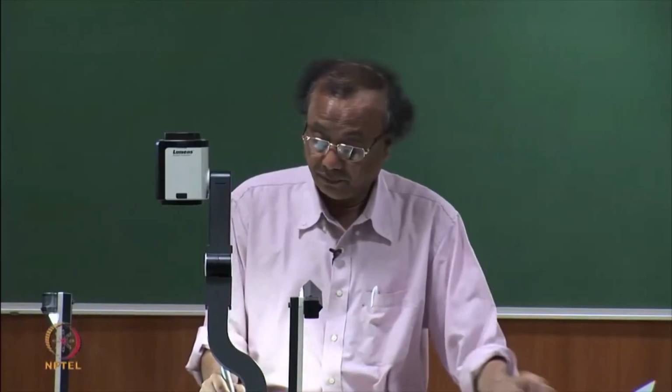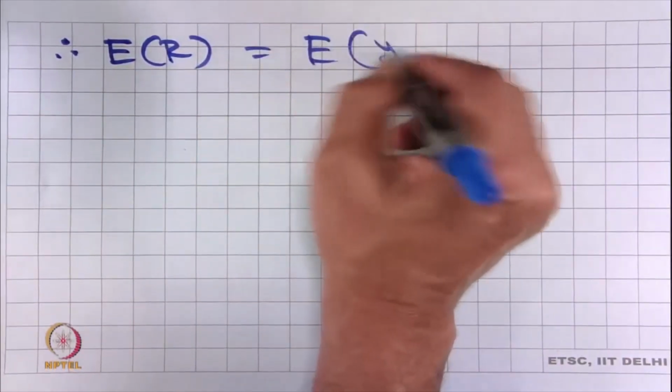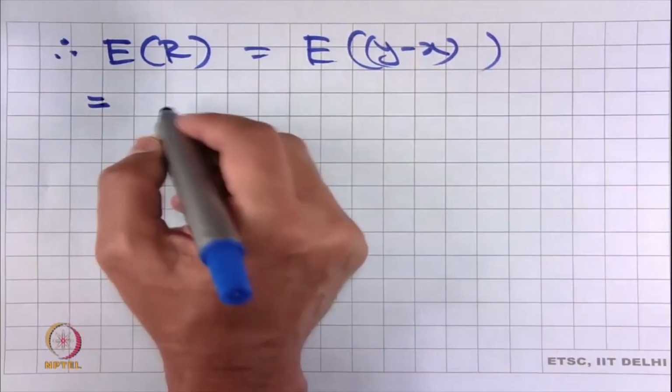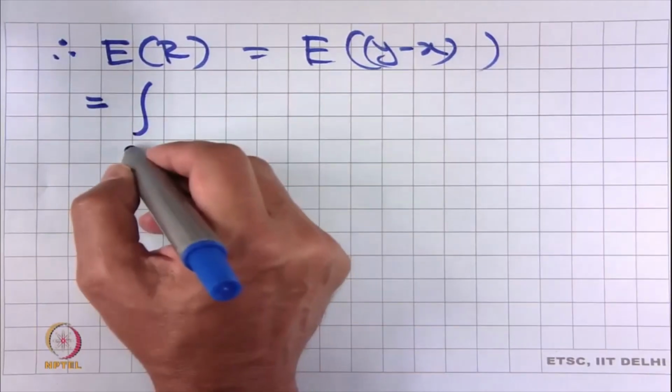Therefore, expected value of range is equal to expected value of y minus x, and we have to integrate it with respect to both x and y.